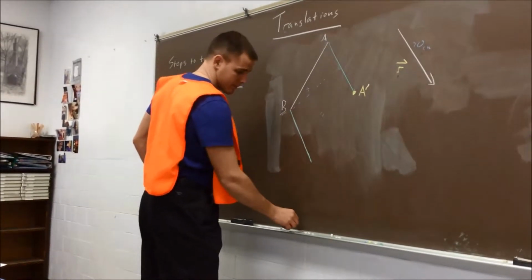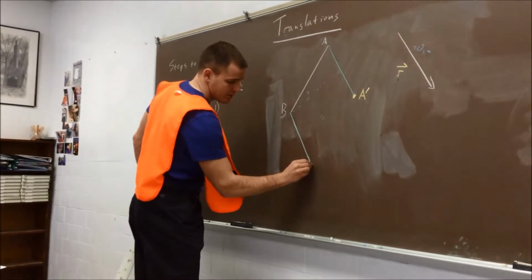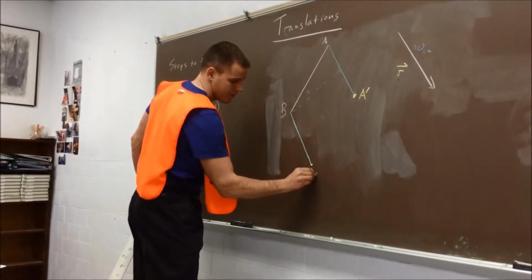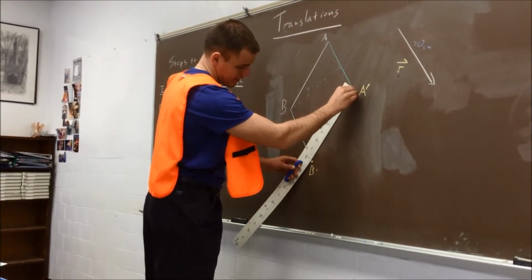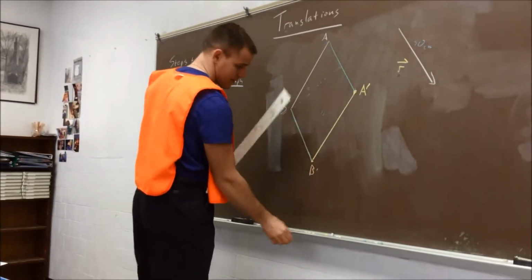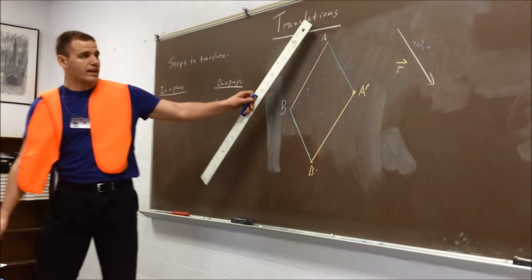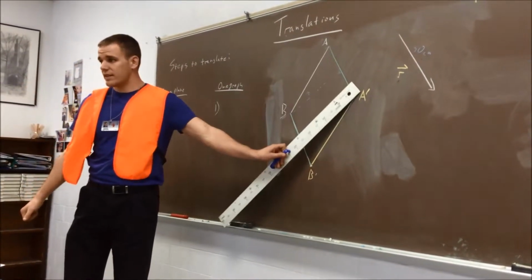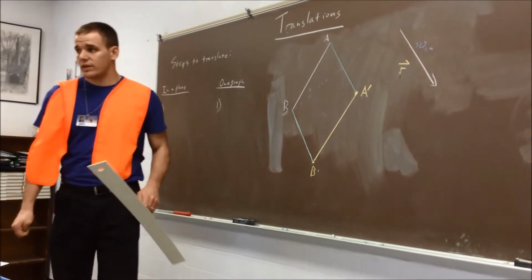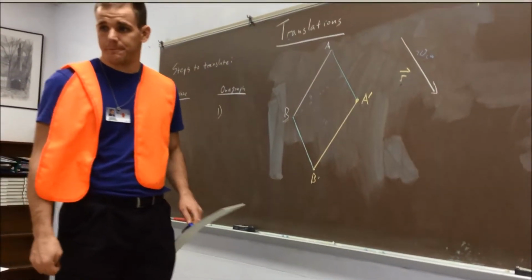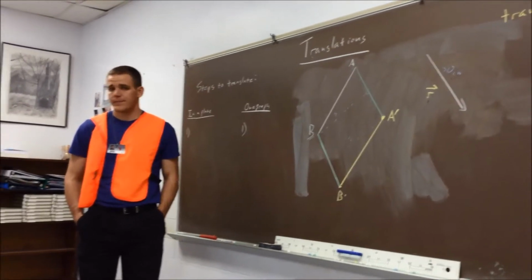Right there. And this point right here is going to be B prime. And I draw my segment. Would you agree that it looks like I just took this thing and slid it down? Your turn. Give you a couple minutes to work on that. Ask questions. Go.